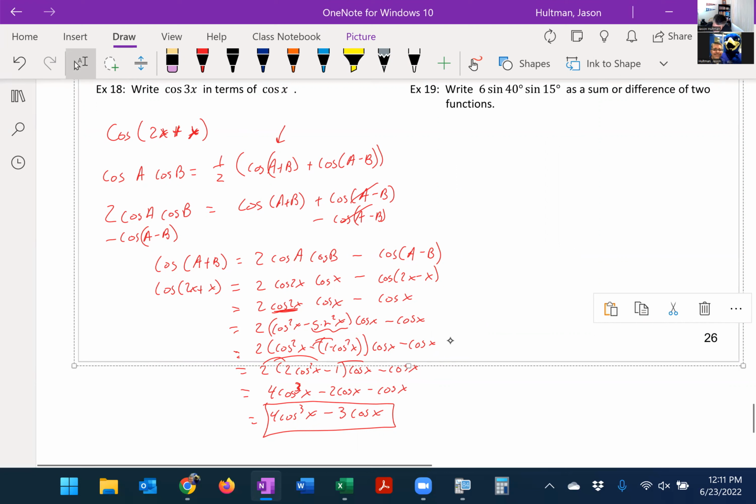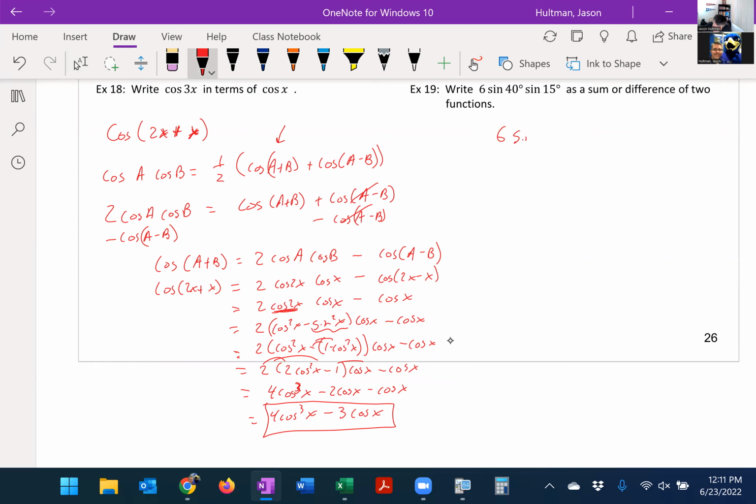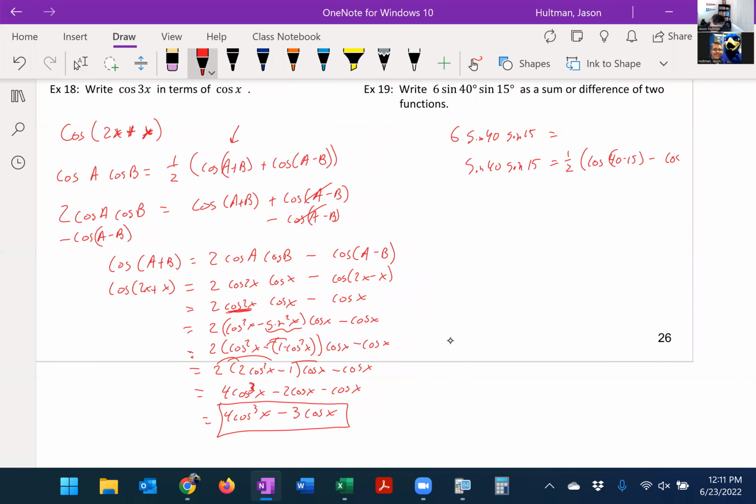We have 6 times the sine of 40 times the sine of 15. And we're going to do product to sum. So if I just took the sine of 40 times the sine of 15, that would be equal to 1/2 times the cosine of 40 minus 15 minus the cosine of 40 plus 15.